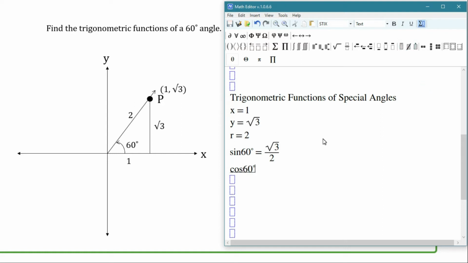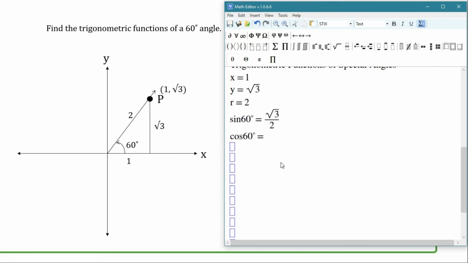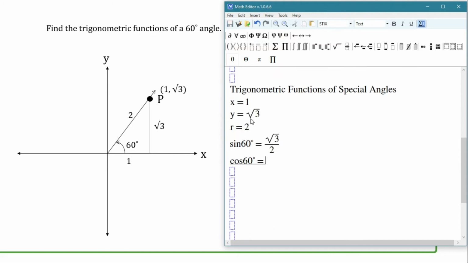We all know that the cosine function of any angle would be equivalent to abscissa over hypotenuse, wherein our abscissa is equivalent to what? 1. That would be 1 over 2. Alright? Or our cosine 60 would be 1/2. Okay? Next, we have the tangent of 60 degrees.